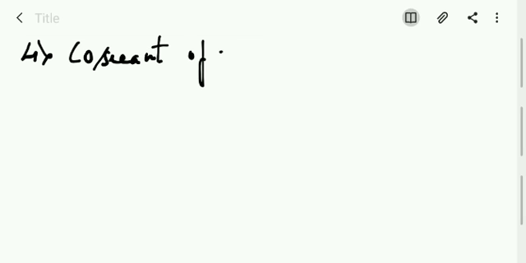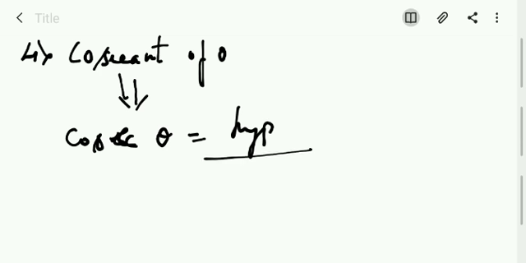Cosecant of theta. Now what is this cosecant? Or in a simple form, once again the short form, cosec. Okay, so cosec theta is nothing but, now what is the definition, hypotenuse by opposite of theta.